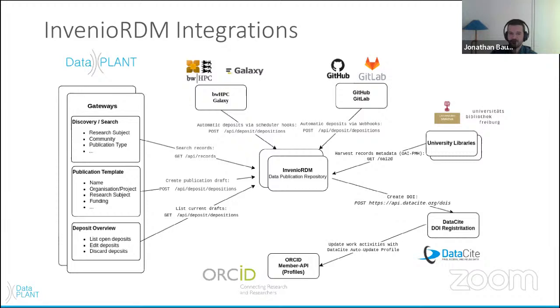So basically, if a scientist connects their ORCID account with their DataSite account, each publication or each DOI which is registered within DataSite automatically pushes a new work activity to their ORCID profile, which the user has to accept. Which is quite nice for the scientist because it just does the publication on the platform and they don't have to enter the same details on their ORCID page for work tracking.